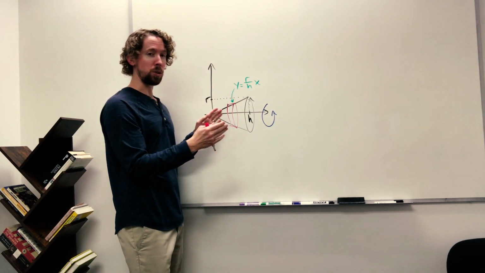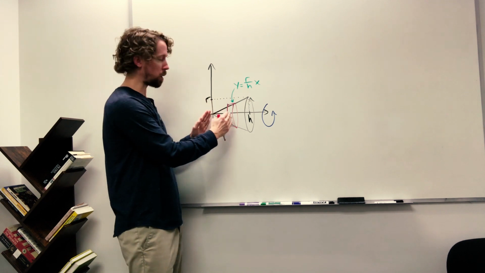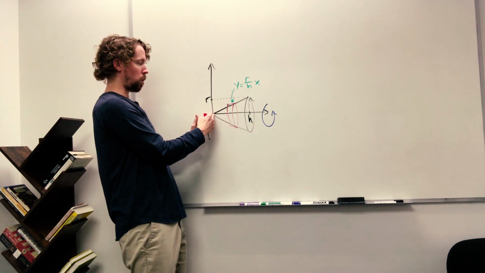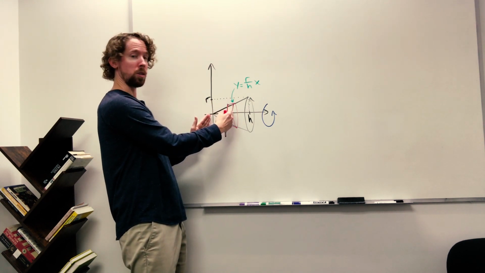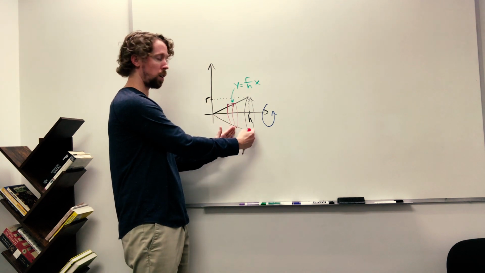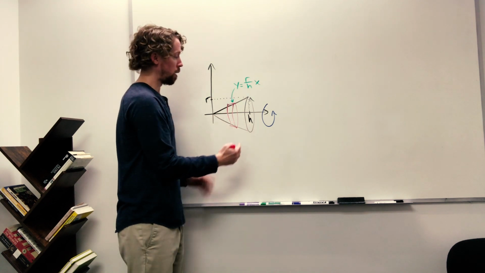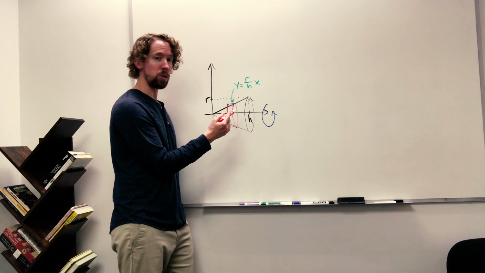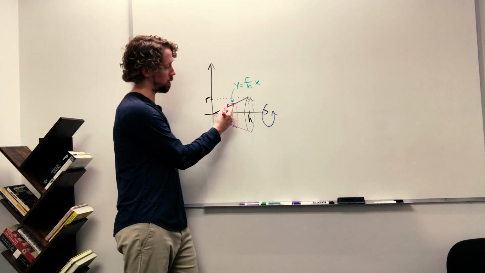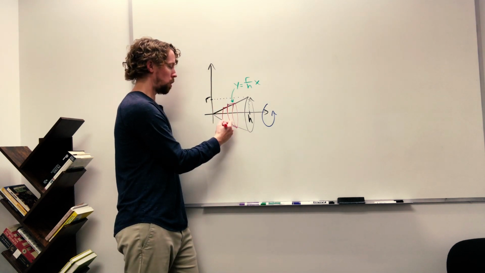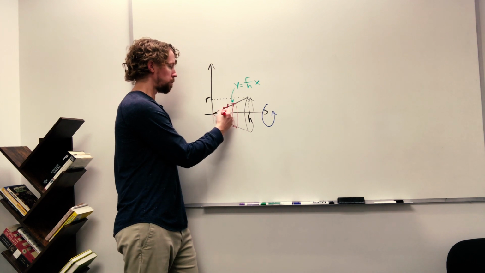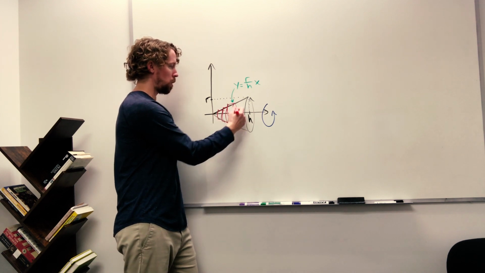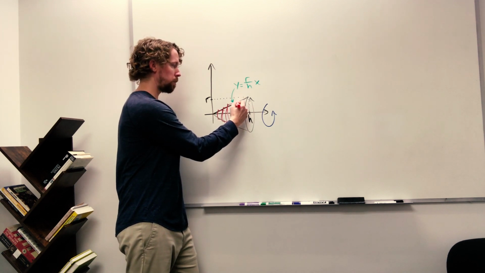If I was just using 2 of these discs to get a very rough approximation, the first one would go from here to here, it would be real small, and the second one would go from here to here, it would be too fat. But as I use more discs or cylinders to approximate this thing, it would look something like this.